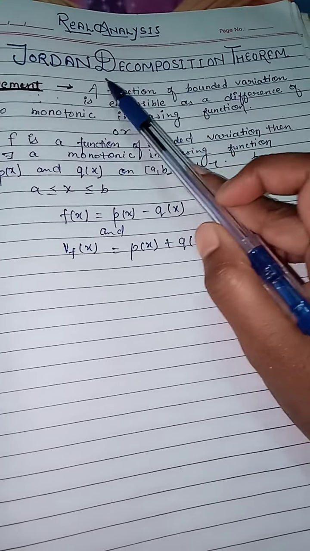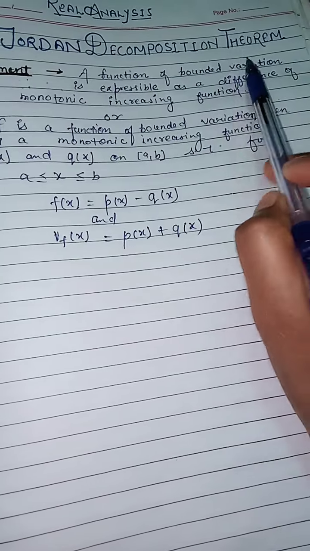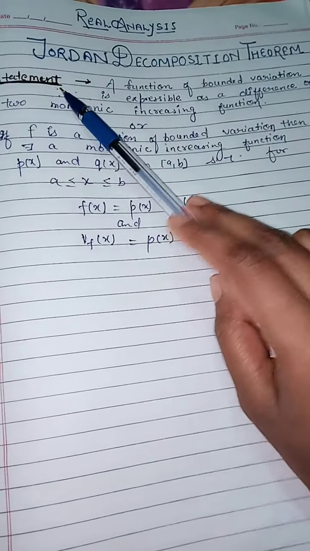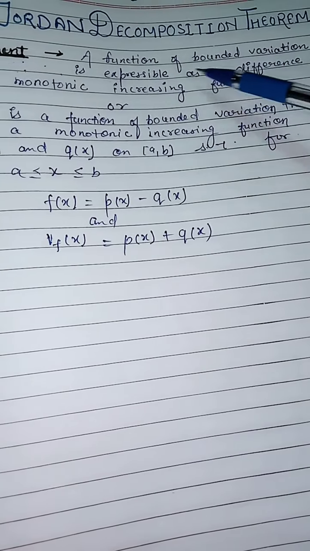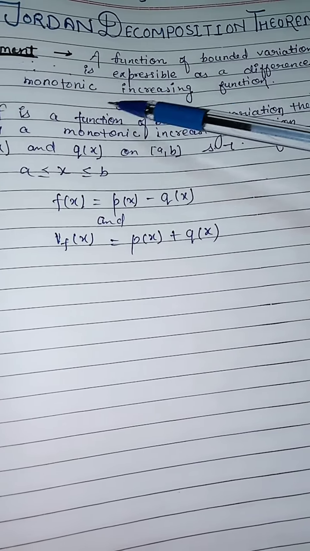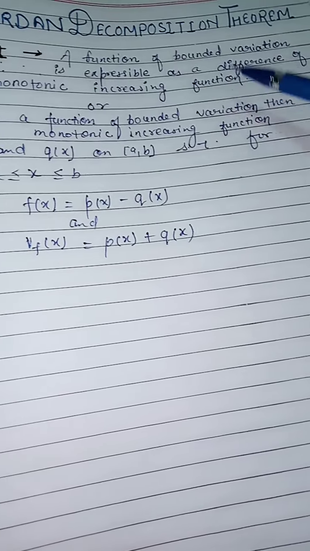In real analysis, I'm going to prove the Jordan decomposition theorem. A statement of this theorem says that a function of bounded variation is expressible as a difference of two monotonic increasing functions.